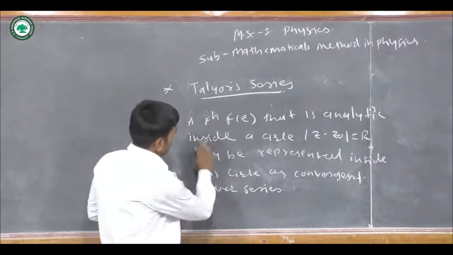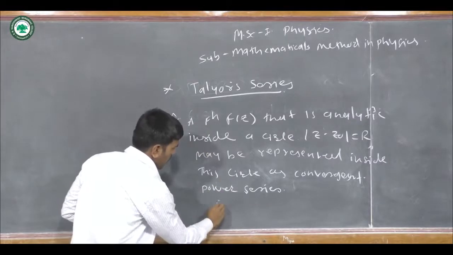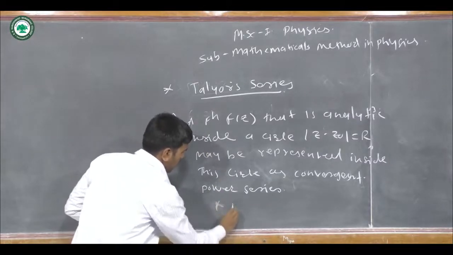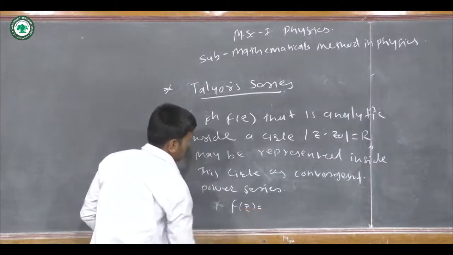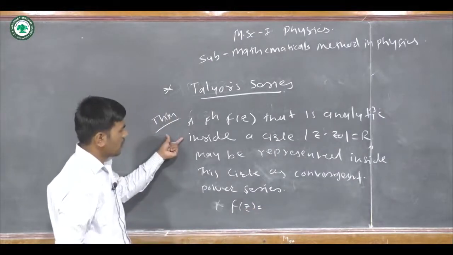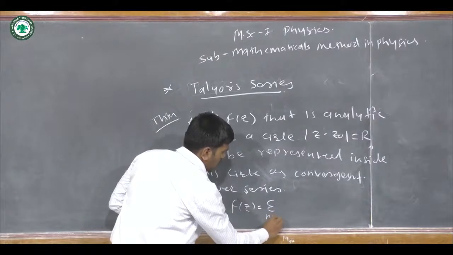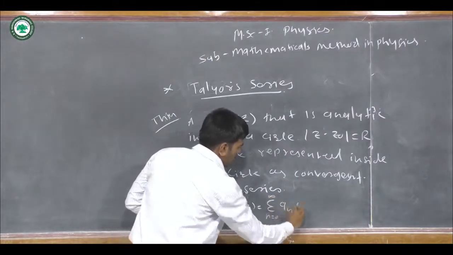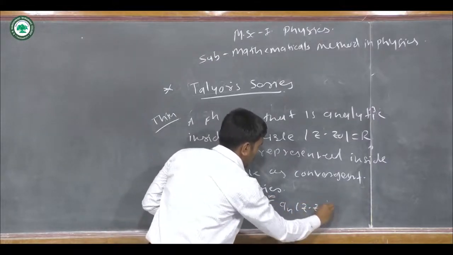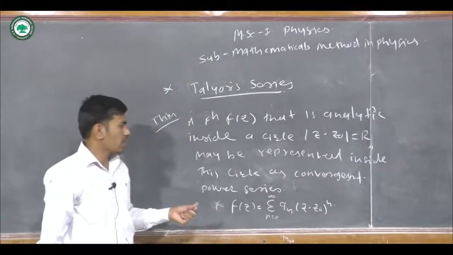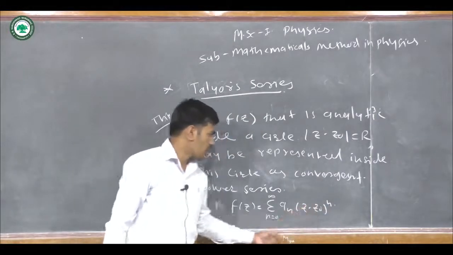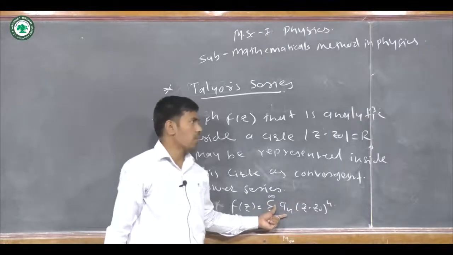So this f of z we can write as a power series in summation, n equal to 0 to infinity, a n times z minus z naught to the power n. Okay, and this a n is a characteristic coefficient.